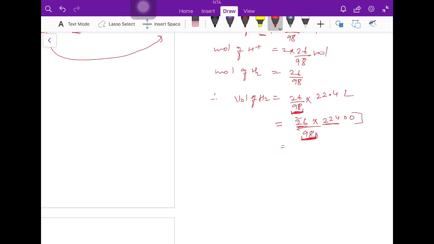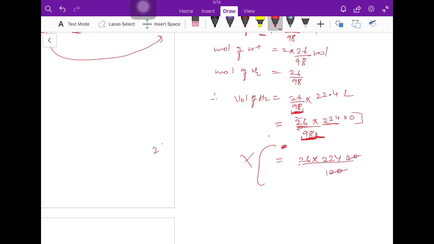But what they have done here is they have rounded off this 98. If we need the round off calculation, then 26 into 224, which is the incorrect one, I am telling you already, upon 100.